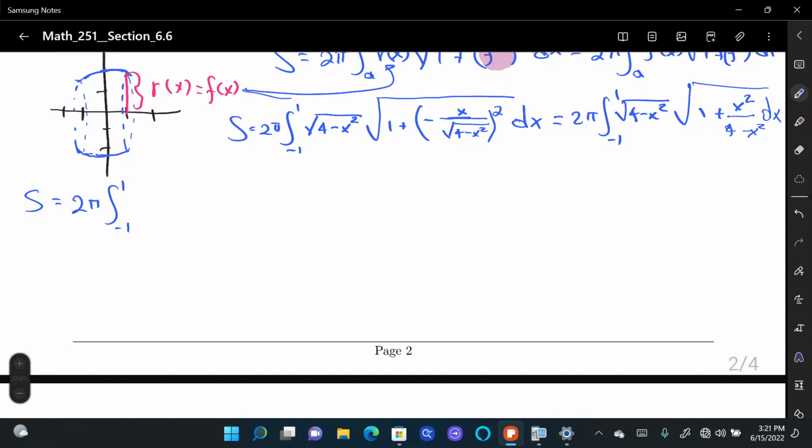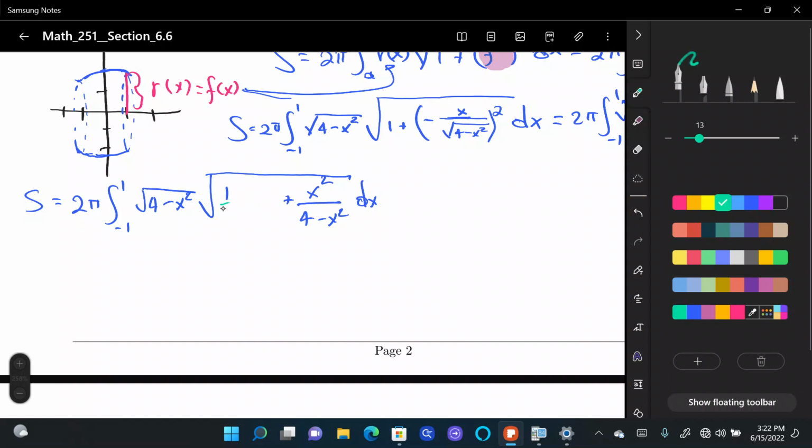So that's 4 minus x squared times the square root of 1 plus x squared over 4 minus x squared dx.